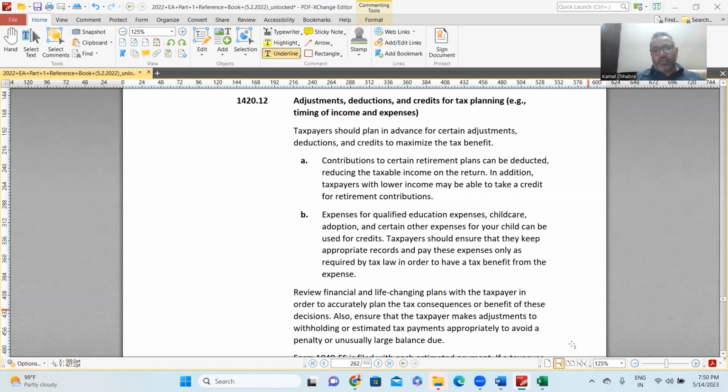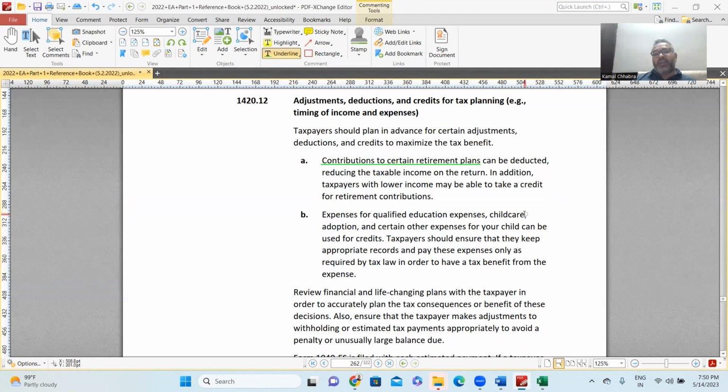For example, contribution to certain retirement plans can be deducted, reducing the taxable income on the return. In addition, a taxpayer with lower income may be able to take the credit for the retirement contribution. And expenses for qualified education expense deduction, child care, adoption, or certain other expenses of your child can be used for the credit. That also you can plan in advance.